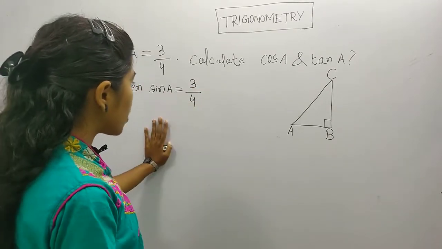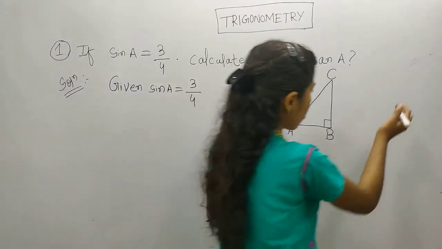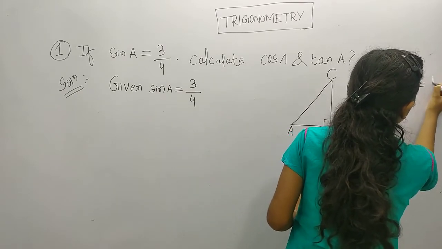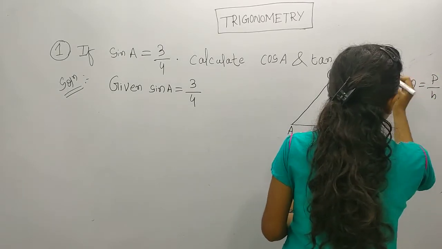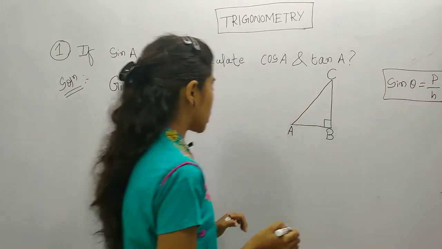I have said you have to look at the angle. First let's write the formula: sin theta equals P by H. This is our formula, we already know that. So how to use it?